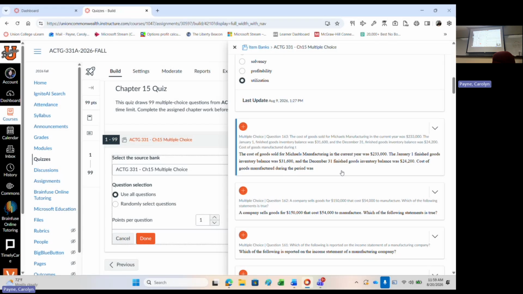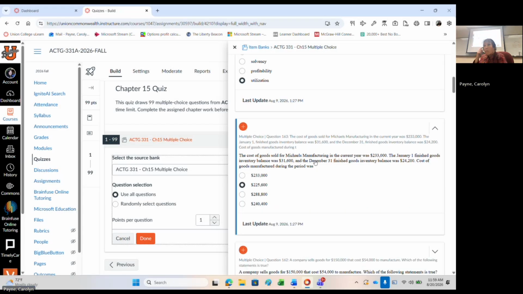If I take the 233,000 plus the 24,200, which is my minus, and then subtract the beginning 31,600, I get 225,600. Does that sound right? So I just backed into it. And of course, I can check myself: 31,600 plus 225,600 minus 24,200 equals 233,000. So just by knowing the formula, I can calculate the cost of goods manufactured. Okay, good.